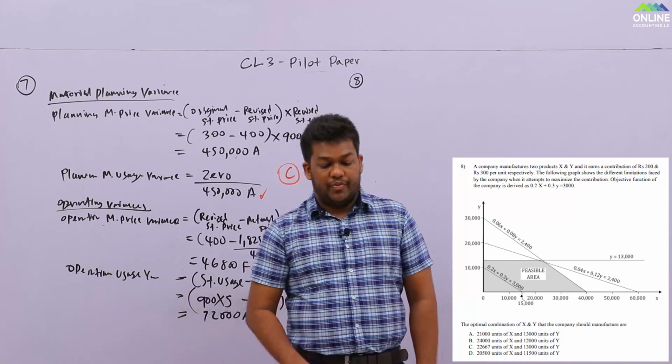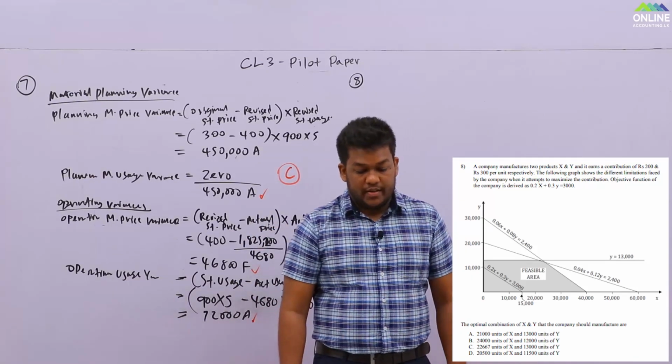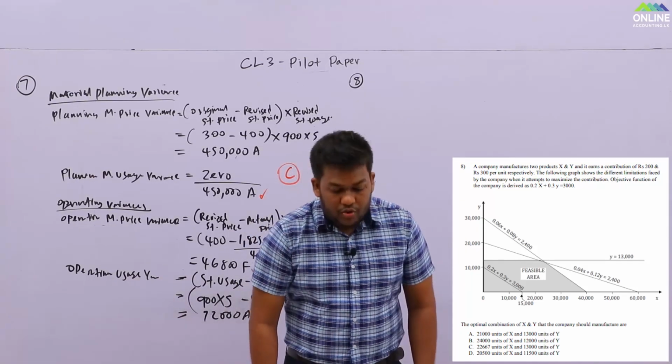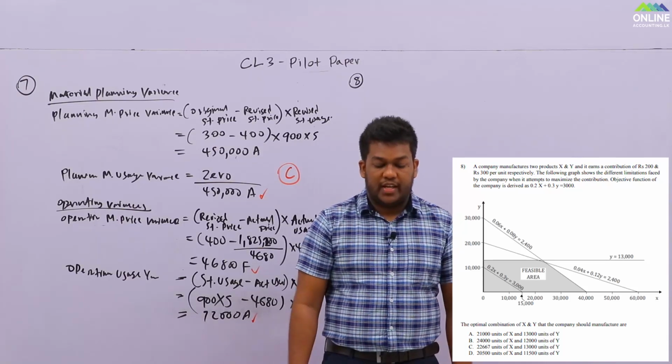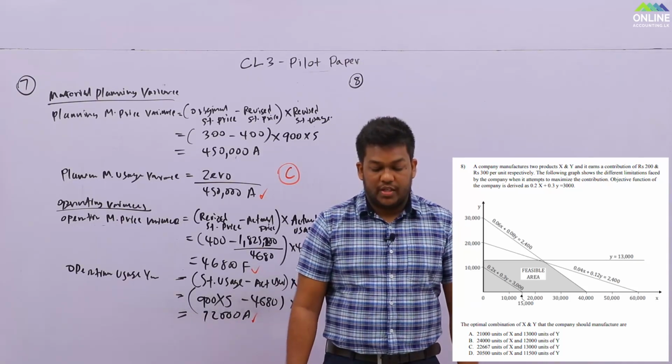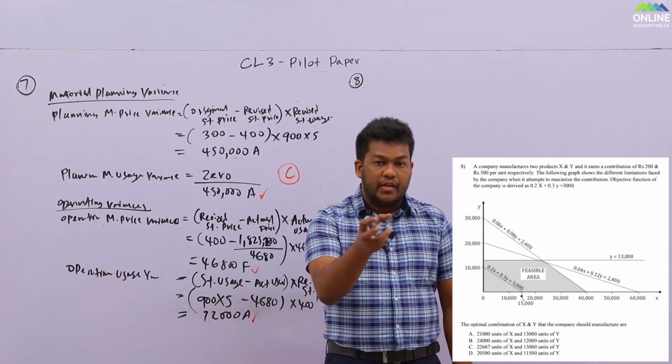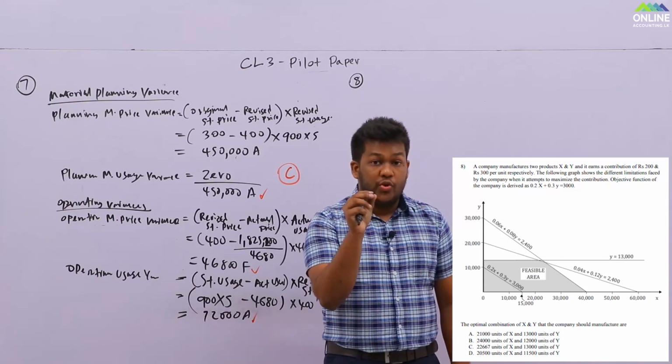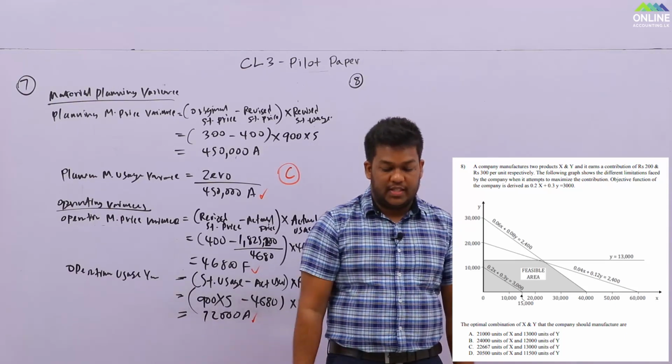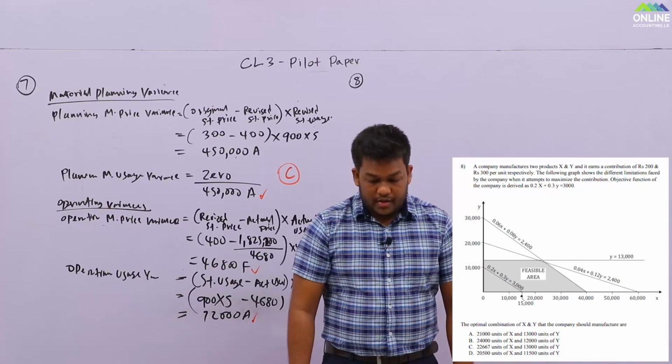So when you are selling 0.2x and 0.3y, your total contribution is 3000. So you have to put the units for X and Y by replacing them in the contribution.